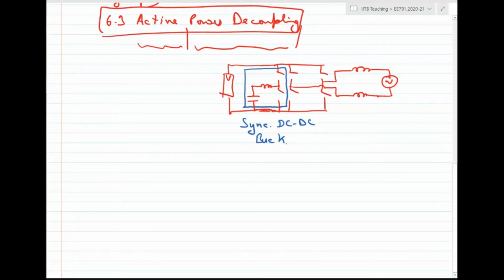It can absorb power. Obviously, when it absorbs, it will still store the power in this capacitor C, and then it can give back power. So it seems similar. I mean, this synchronous buck converter can play the role of that energy storage capacitor which was there in the previous circuit.